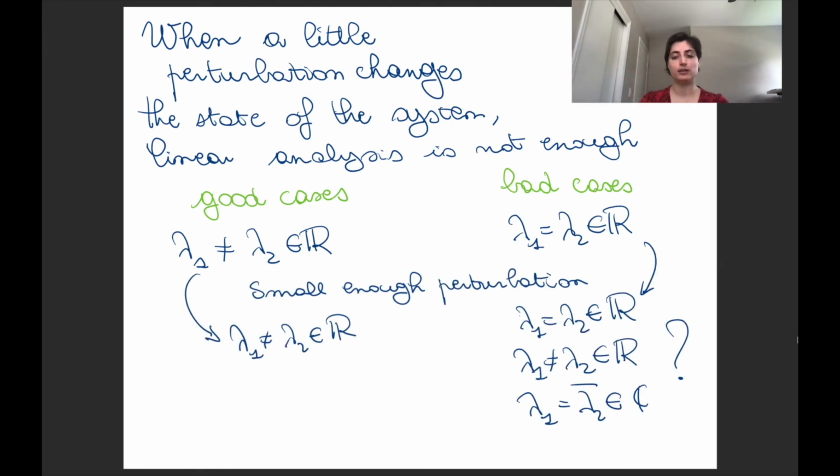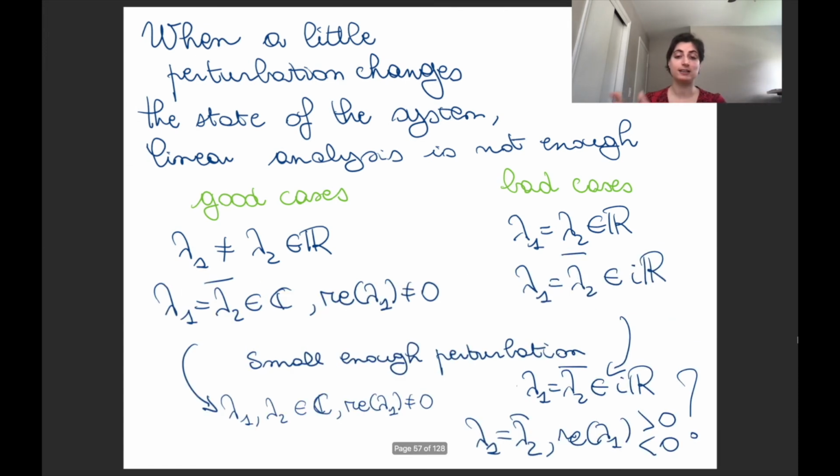But if you think about it, wiggling them, adding a small enough perturbation might keep you in the situation in which lambda 1 is equal to lambda 2, or move them away from each other on the real axis, so they are now different and real, but they can also start moving in the vertical direction, and now they are complex. So this is a really bad case because a small perturbation can keep the status quo, but also dramatically change the situation.